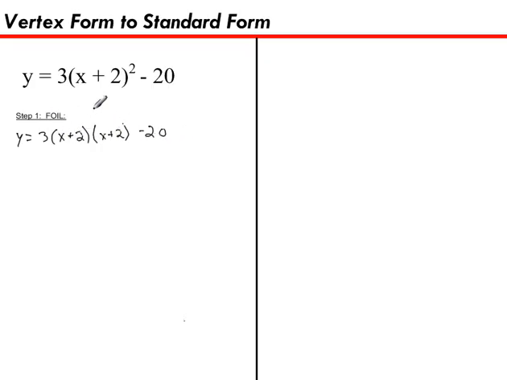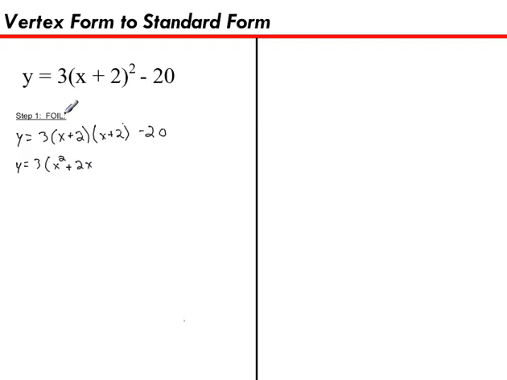F is first. That means I multiply the first terms in the bracket, so these x's go together. I'll keep the bracket because I'm going to need that. There's a 3 in front. So I have x times x, which is x squared. Then I come to the O, which is outside. Outside is x and 2. Multiplying those together, I get a positive 2x.